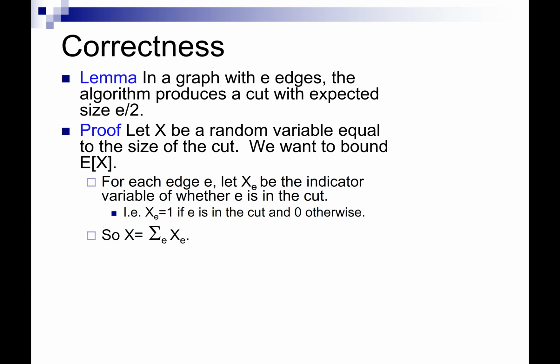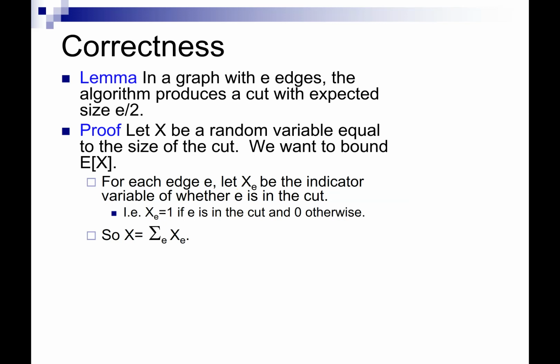So x here is a pretty complicated random variable, but we're going to decompose x into a sum of many much simpler random variables, and then we're going to apply linearity of expectations. The way we're going to decompose x is that for each edge e in the graph, we're going to define x sub e to be an indicator variable of whether or not e was cut.